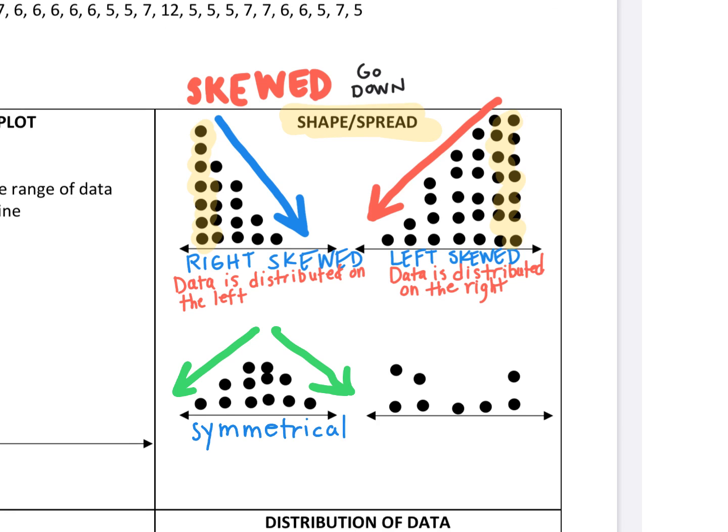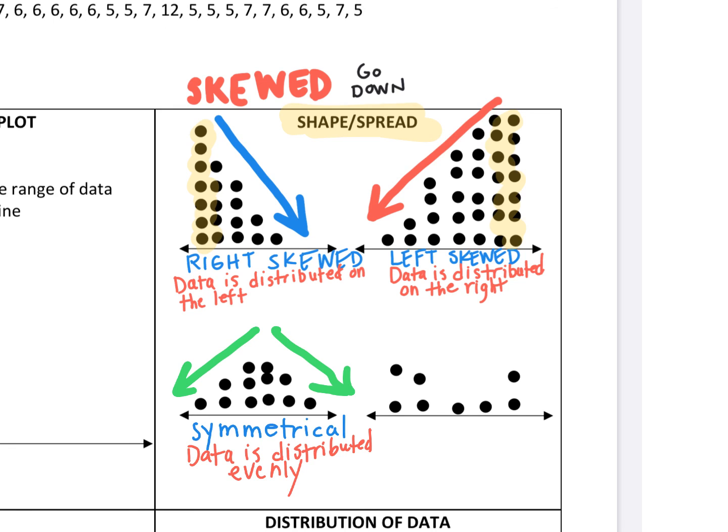S-Y-M-M-E-T-R-I-C-A-L. Symmetrical. Okay? In this case, when we say the data is distributed evenly, that means it looks the same on both sides. It doesn't look like it's going down more so on one side than the other.